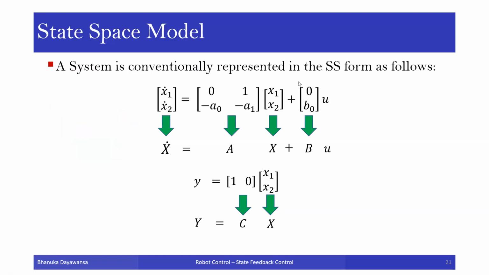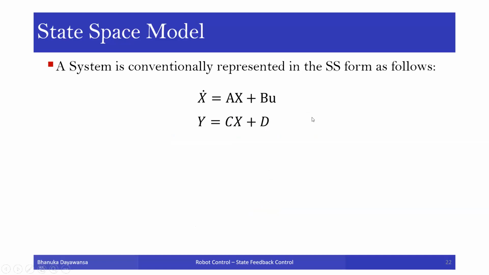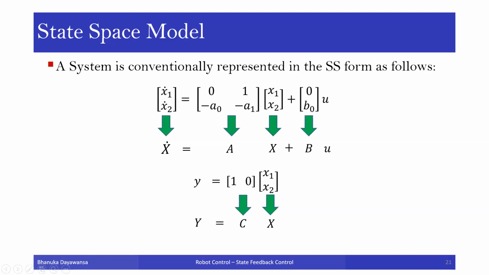So basically, you get the state space model, you get the system matrix here, you get the control matrix here, and say that you want to observe x1. Then I get this. I get x1 out, right? If you want to observe both x1 and x2 variables, I put 1, 1 here.